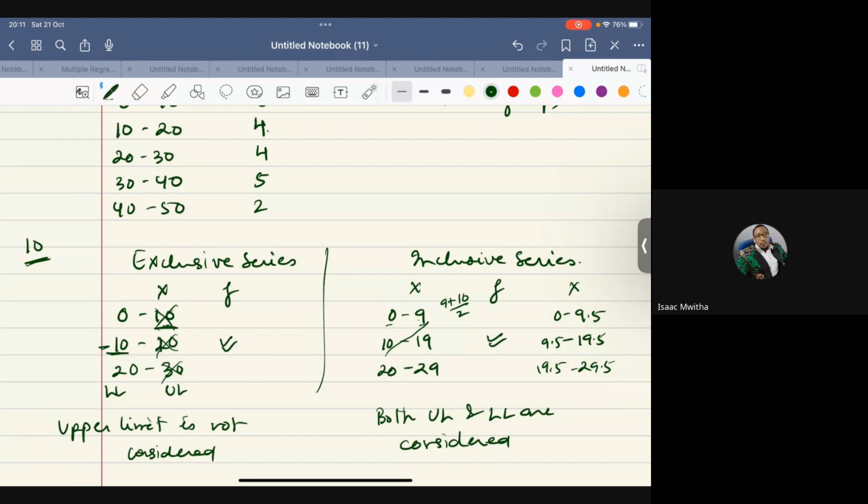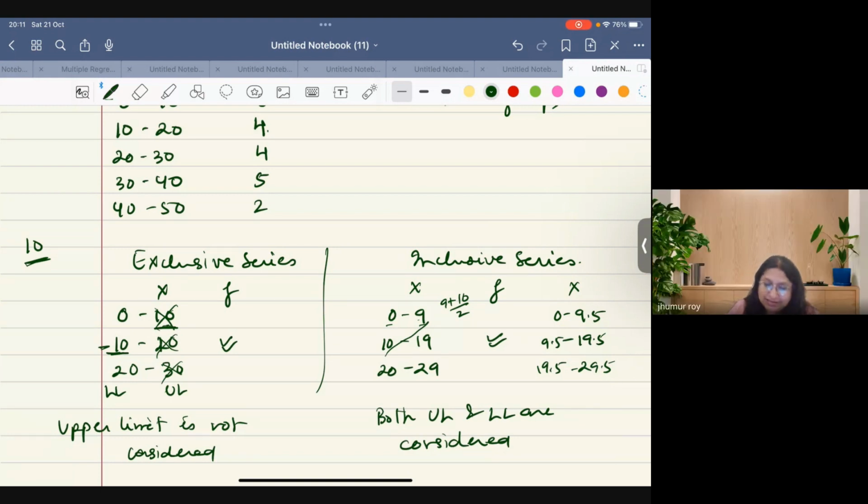Madam, as for me, it's not clear on the exclusive series, where there is the 9 plus 10 divided by 2. You're asking about this portion, 9 plus 10. See, many times when we want to calculate the mean, an inclusive series will be written as 0 to 9, 10 to 19, and 20 to 29.